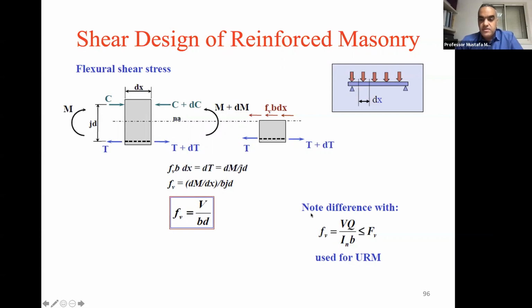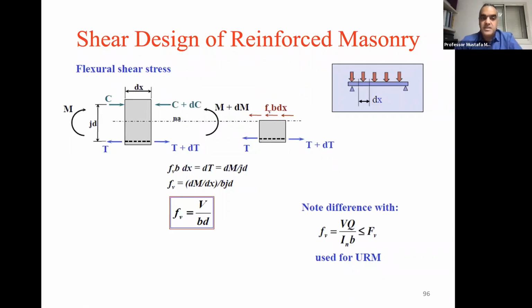Now the difference is, for unreinforced masonry the calculated one is VQ divided by I b, which we calculated as 3/2 V/A for a rectangular cross section. Here it's different. We just use V divided by b d for reinforced masonry.